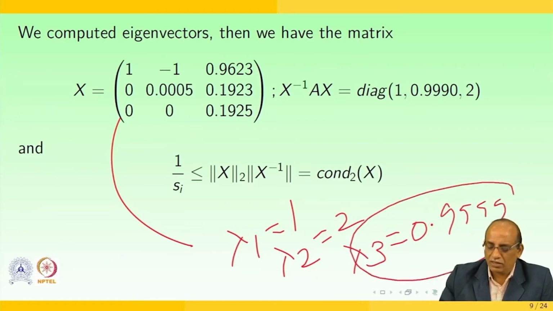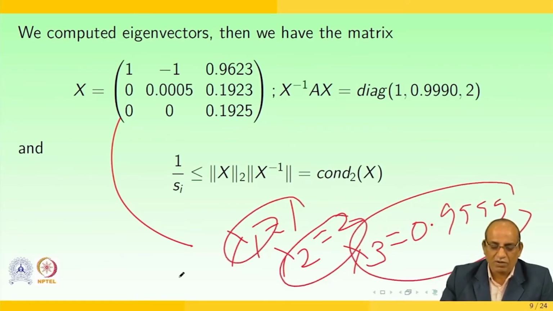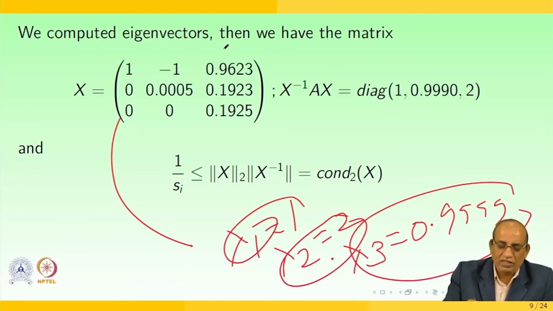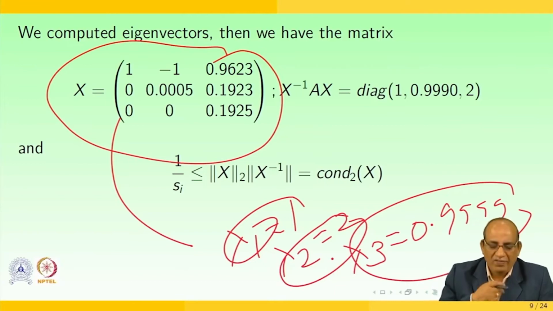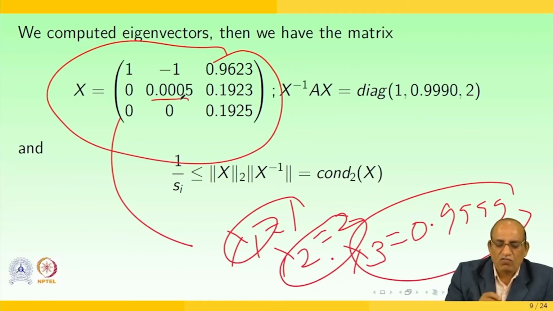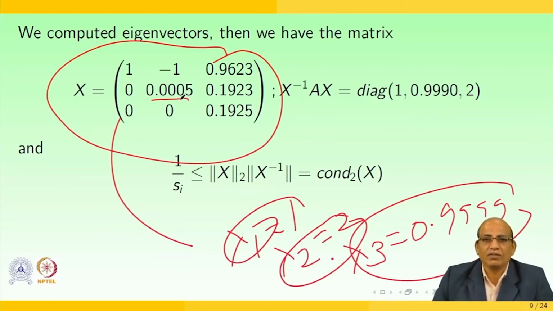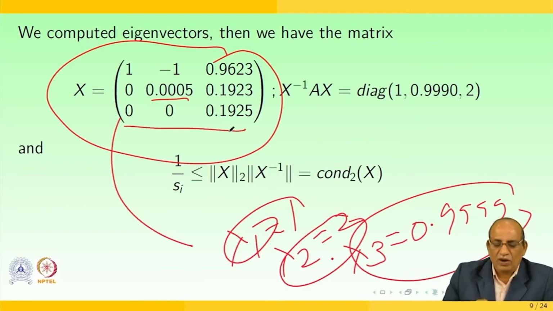This is lambda 3, this is lambda 2, this is lambda 1. So you can form the matrix corresponding to each lambda, and this is the matrix you do get: x is equal to 1, minus 1, 0.9623, 0.0005, and 1.1923, and this is 0.1923.